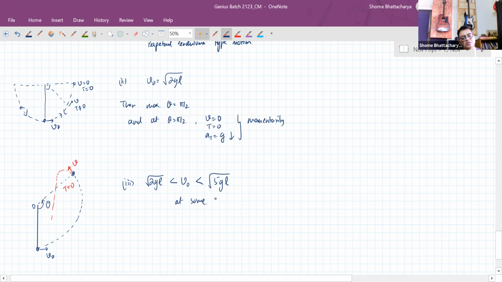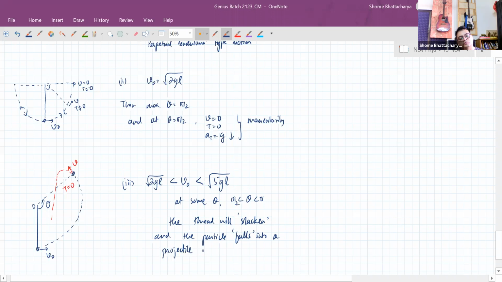So at some theta between pi by 2 and pi, the thread will slacken and the particle falls into a projectile path instead of continuing in circular motion.